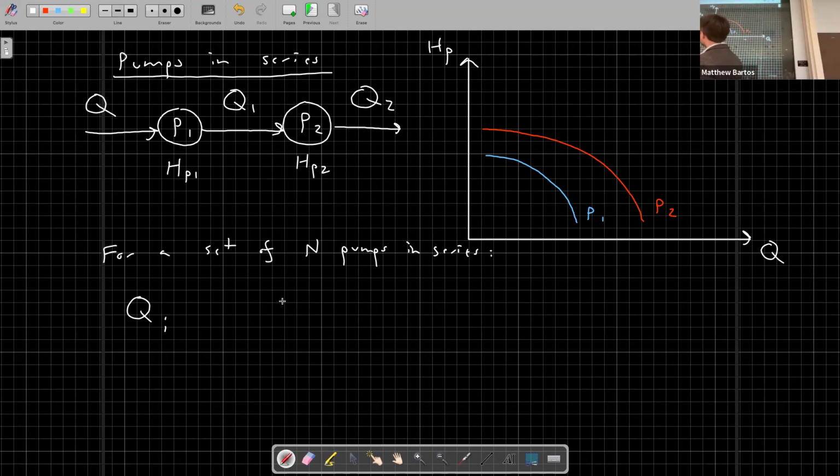So if we have pumps in series and we have pumps P1 and P2, how are Q1 and Q2 related? How are the flow rate coming out of pump one and the flow rate coming out of pump two related? Let's assume the system is at steady state.